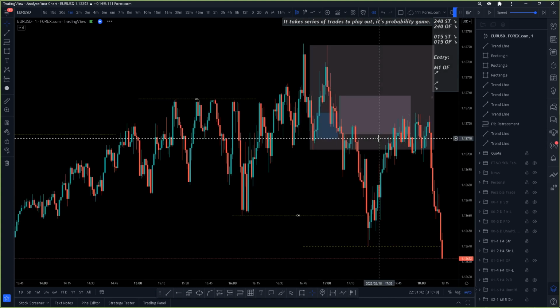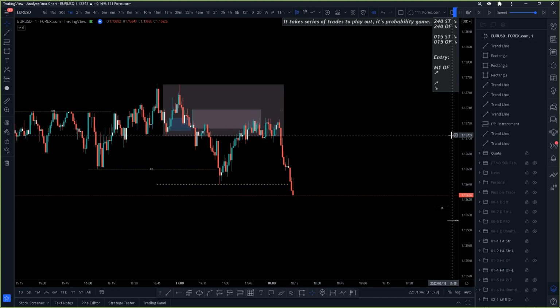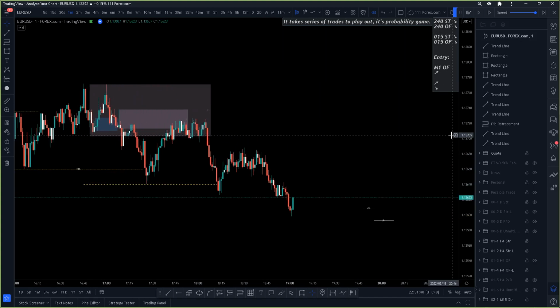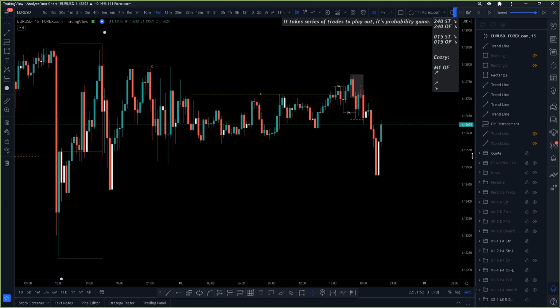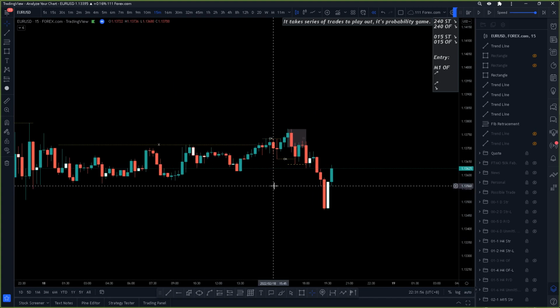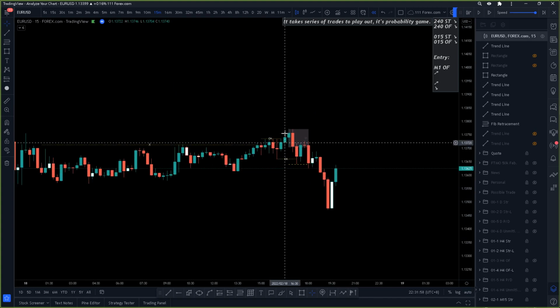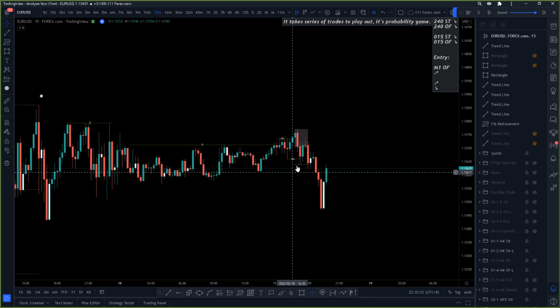So I didn't enter at that point in time, so yeah, there you go. Following M15 order flow was like risky.